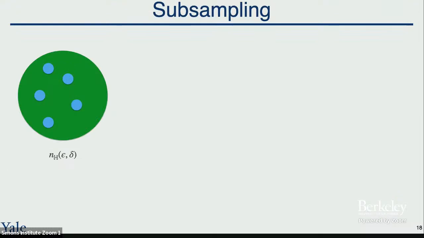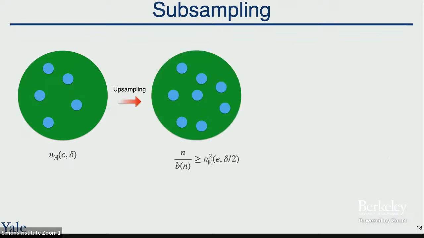We know that the assumption is that the original problem was PAC learnable, with this many samples in order to achieve the epsilon-delta PAC learning guarantee. We are going to upsample. How? We sample the minimum number n such that this fraction is at least the square of what it was before for PAC learning. So we sample more data points.